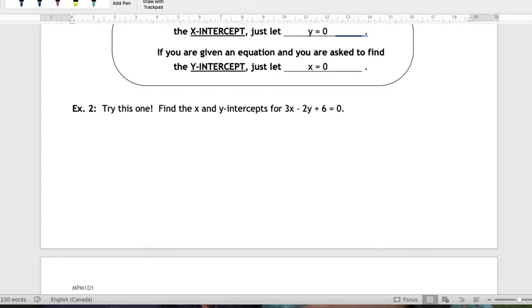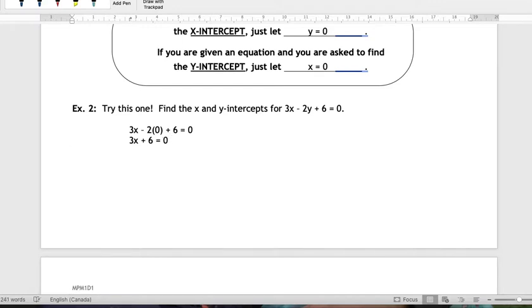For this example, let's find the x-intercept first. So 3x minus 2, and our y becomes a 0, plus 6 equals 0, and we're going to solve. 3x, 2 times 0 is 0, plus 6 equals 0.